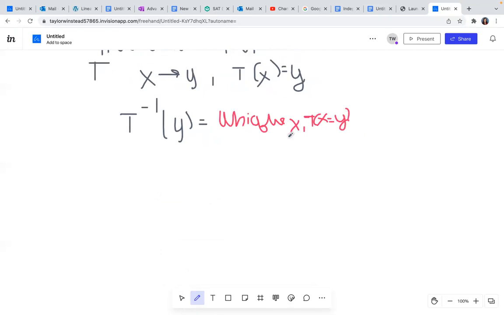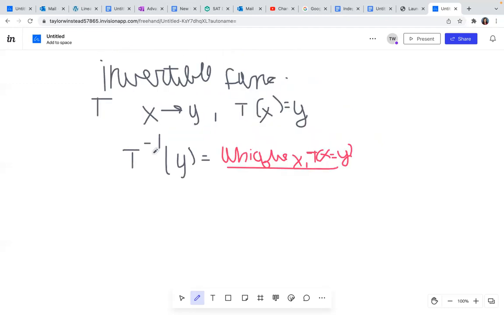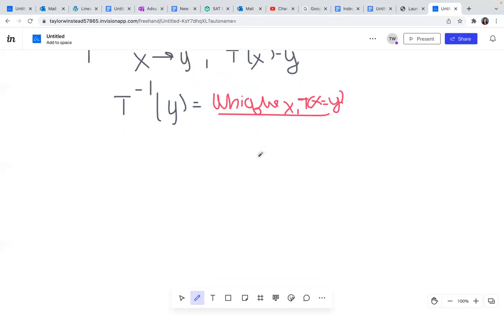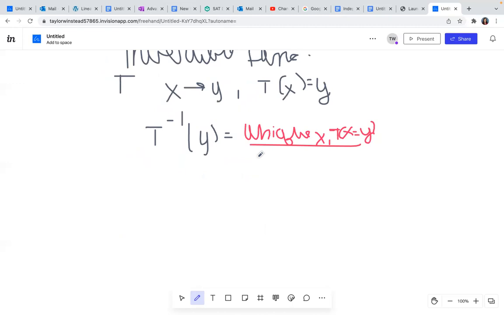So in other words, we're just moving backwards here. This is the x that leads to T of x equaling y. So inverse T of y equals the x that in T of x would equal y, right? It's pretty simple. We've all kind of gotten used to that.